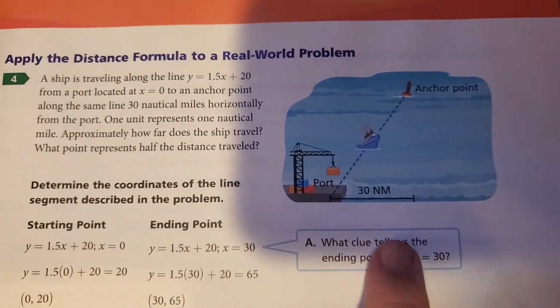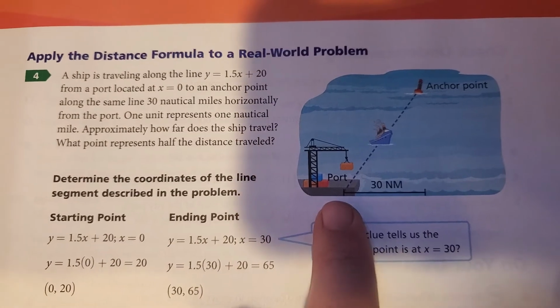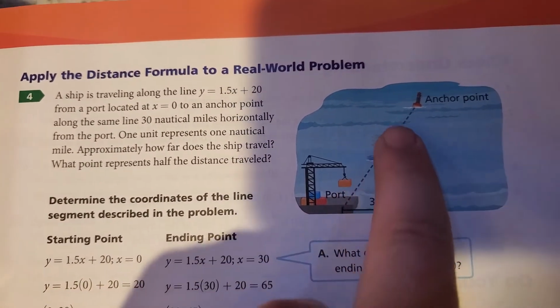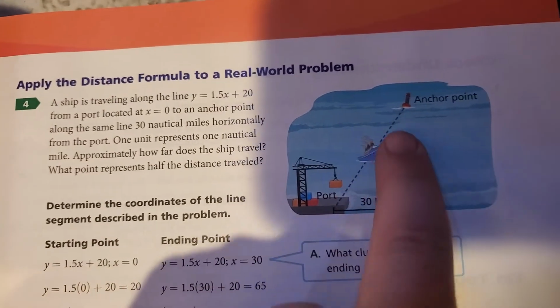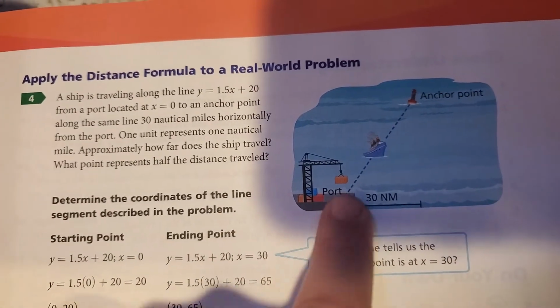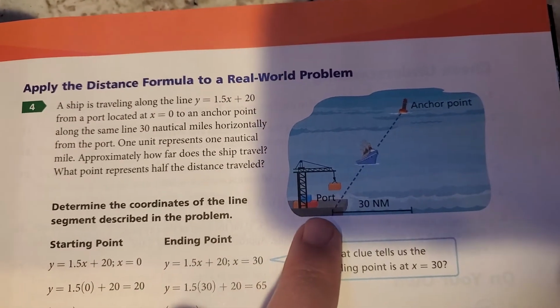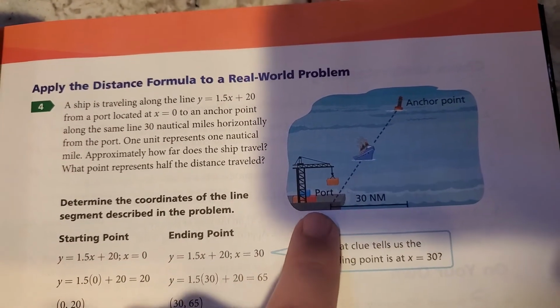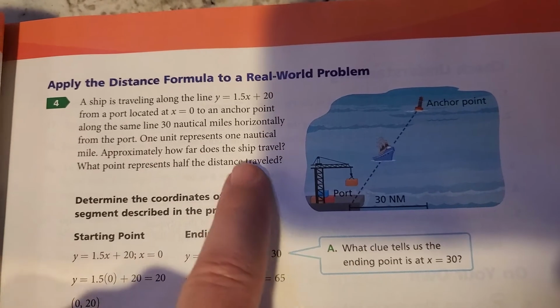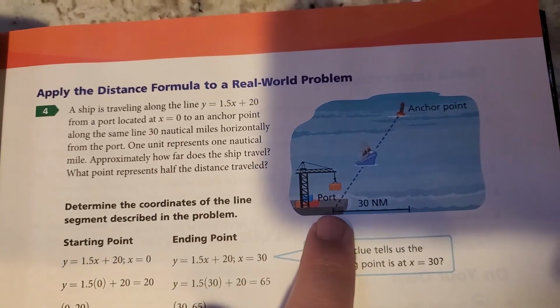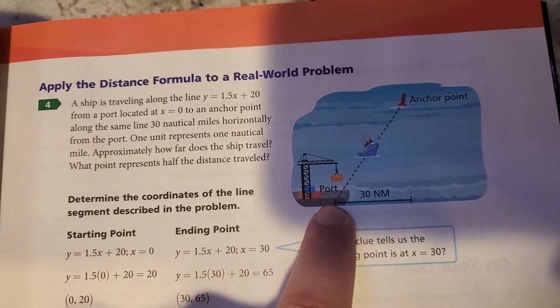So again, just to emphasize what they said, they have a ship that's going to travel along this dashed line here. It's going from the port out here to the anchor point. They mention that the port here is located where they're going to call an x value of 0. So that's going to be ground 0. X is 0 there.